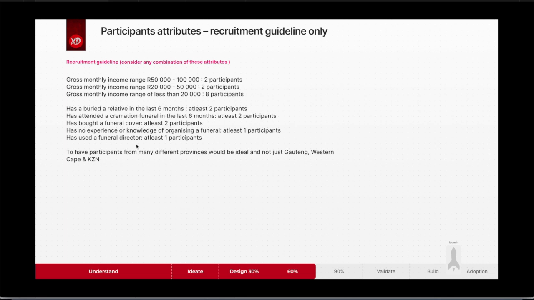The main aim really is to get a good, diverse number of people who've had different experiences, so that we can get rich cultural feedback as well.